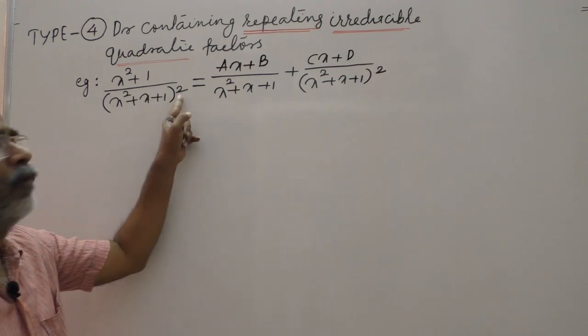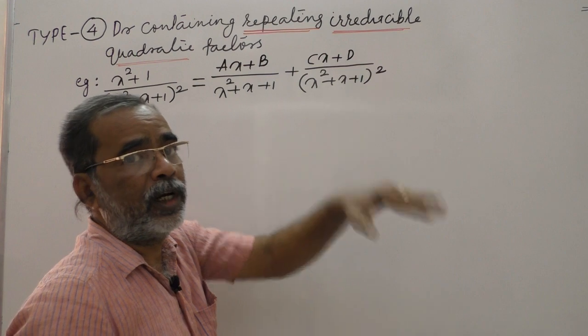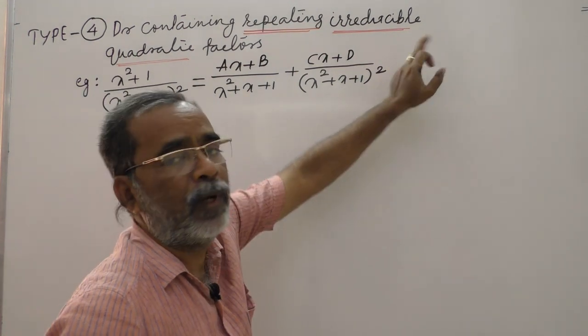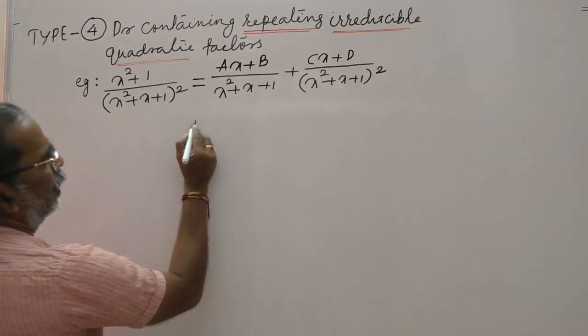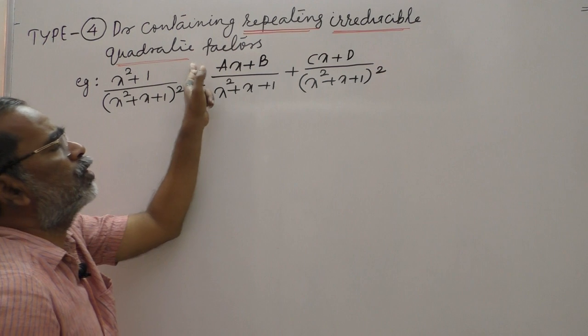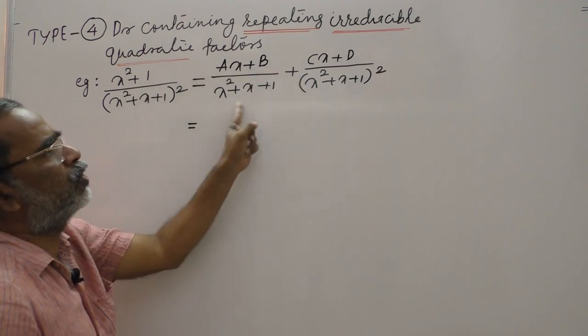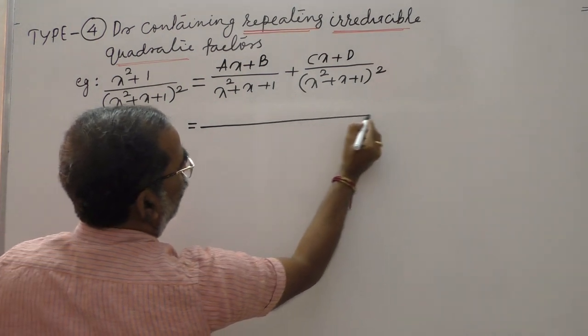For example, if you have whole cube, then you should take this and 3 times, no, plus ex plus f divided by whole cube, like that. So here again, this is the procedure. For repeating irreducible quadratic factors, you should take like this. Now remaining again same. Take LCM.